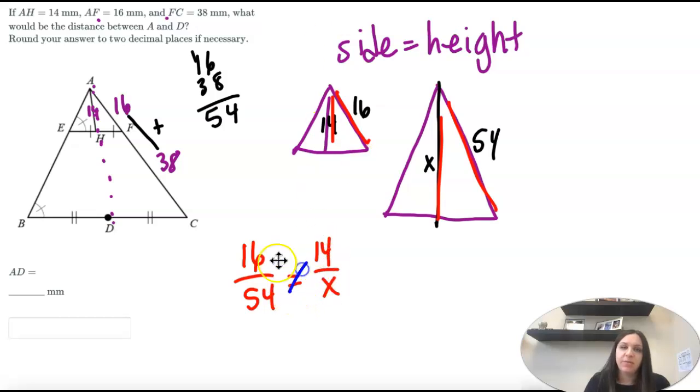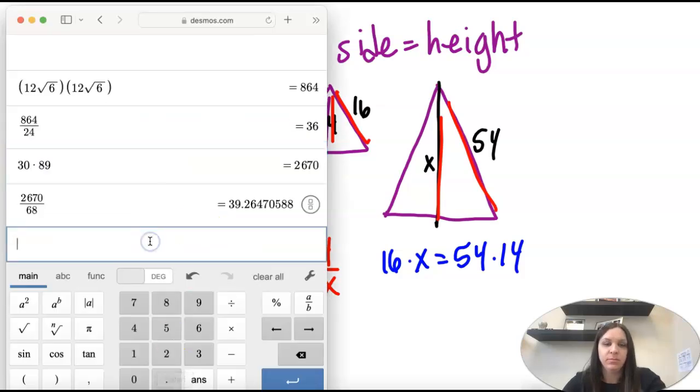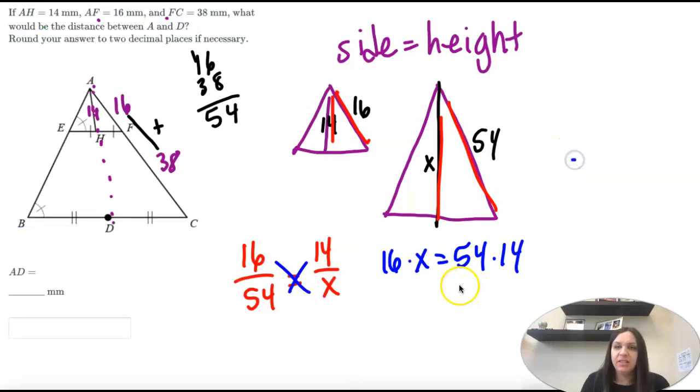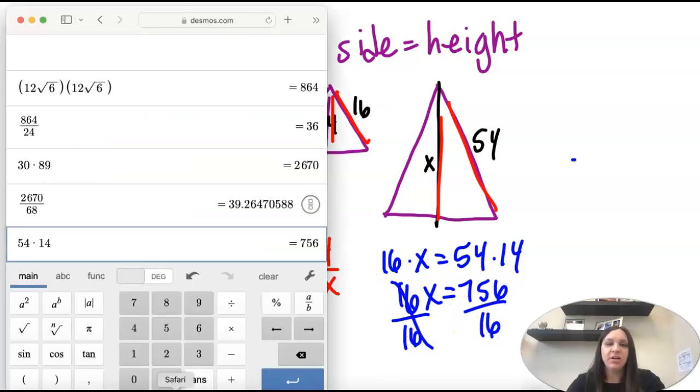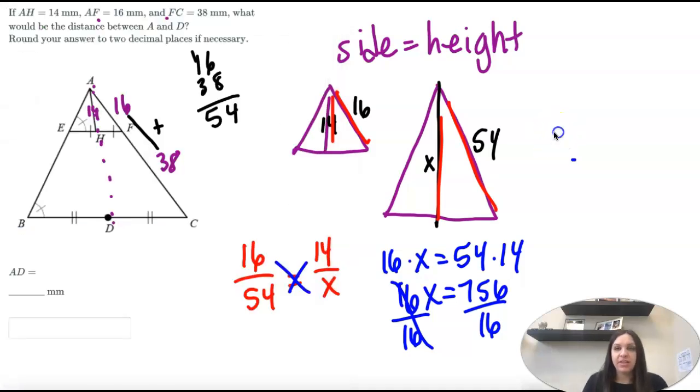Now we cross multiply. So 16 times x equals 54 times 14, which is 756. Equals 16x. Divide both sides by 16. And that's going to be our x value. 47.25.